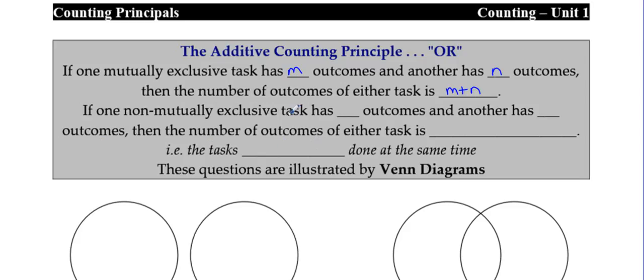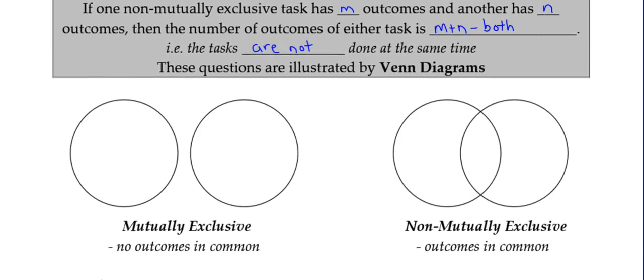If one non-mutually exclusive task has m outcomes and another has n outcomes, then the number of outcomes of either task is m plus n minus both. I'll explain this in a minute. In this case, the tasks are not done at the same time. The key word for the additive principle is "or." So let me show you an example.